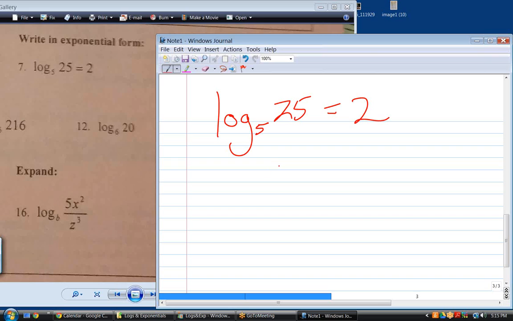It would be 25 equals... Logs are what? 5 to the second power. Right. In other words, if you remember logs are exponents, I know that the exponent has to be 2.